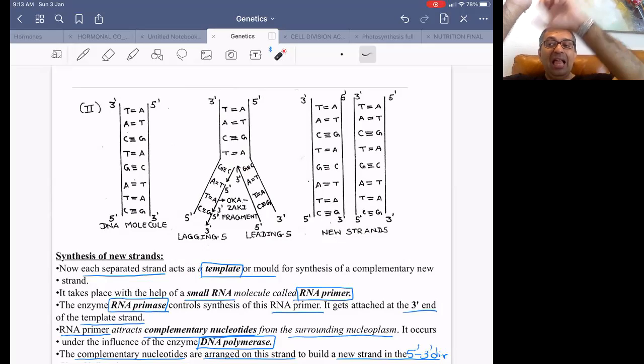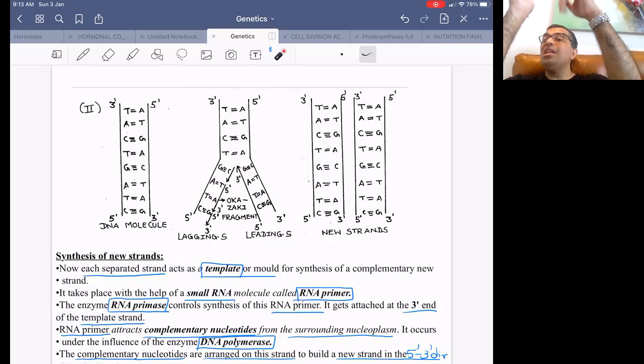Now some of the DNA polymerase took a U-turn and supplied new nucleotides in the opposite direction, 3000 to 0.